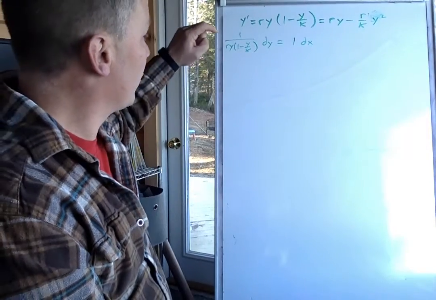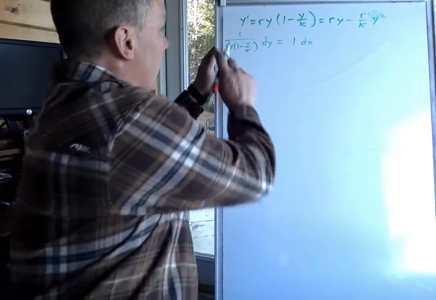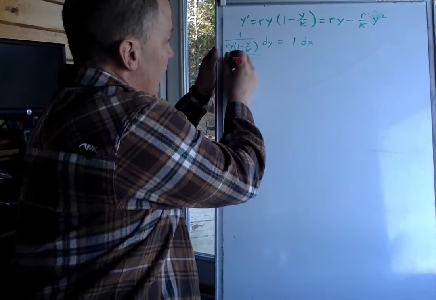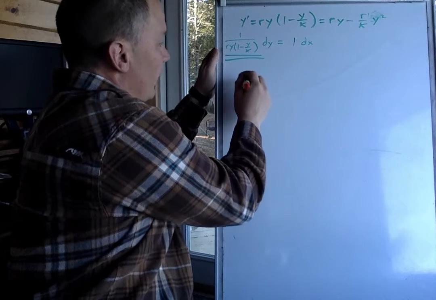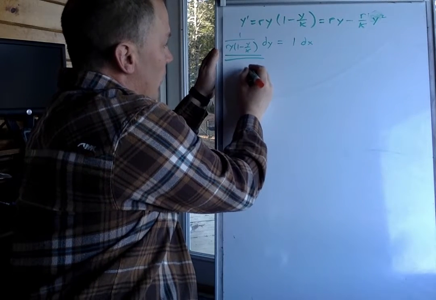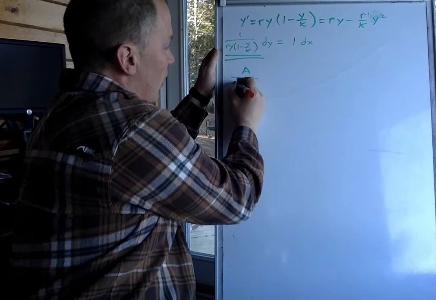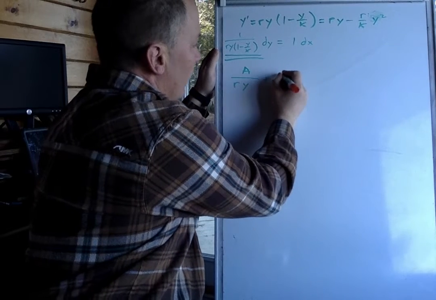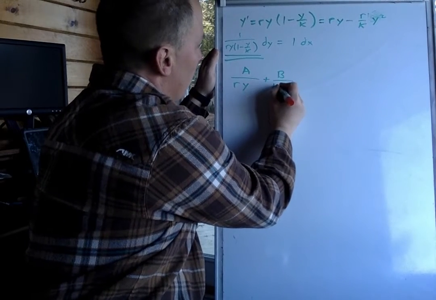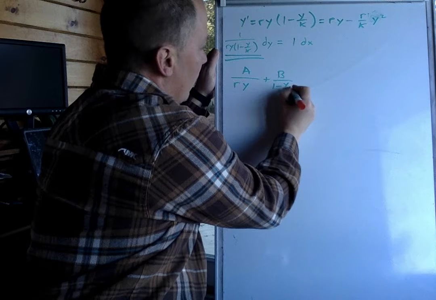I'm going to rewrite this and say that this thing here is the same as a over ry plus b over 1 minus y over k.